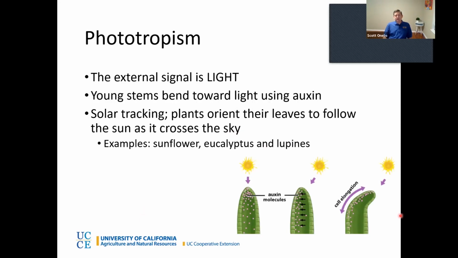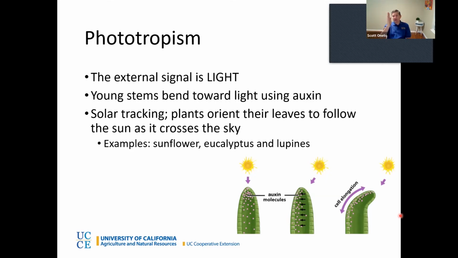The first tropism that I'm going to cover is called phototropism, and that is where the external source is light. Earlier I talked about auxin and how auxin can bend a stem upward. With plants that have phototropism, you'll see in the picture here, auxin is made in the shoot tip and moves downward by diffusion.